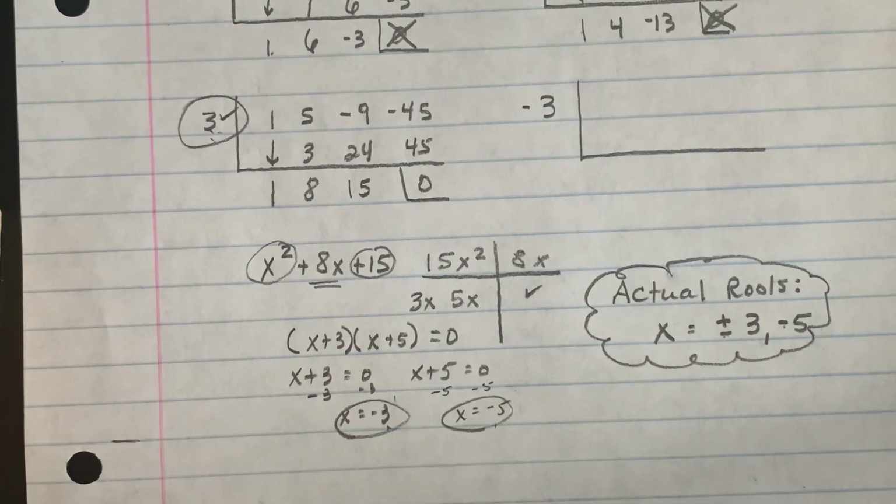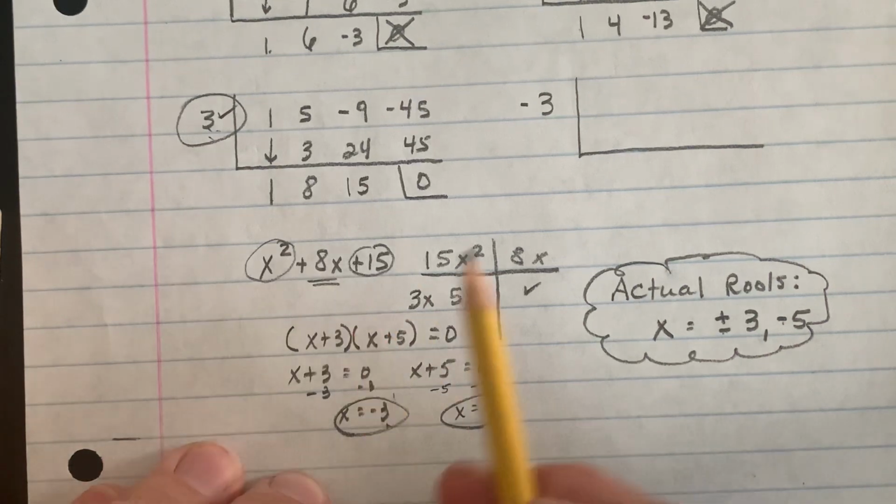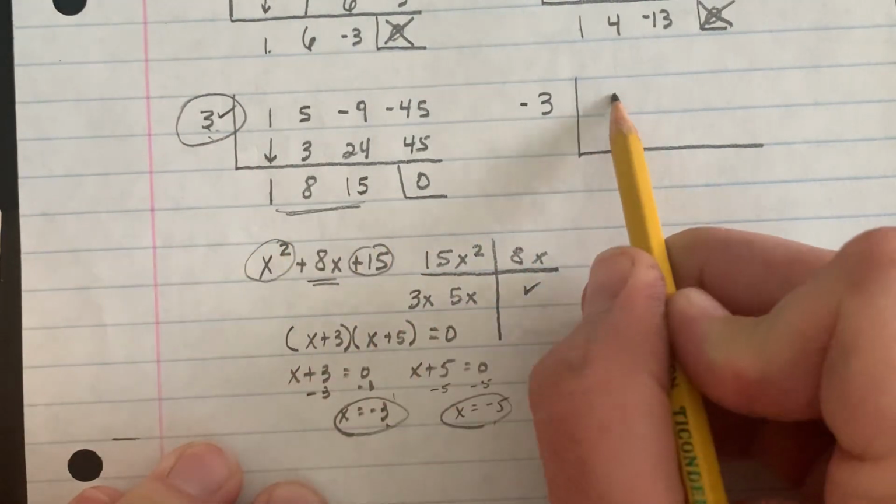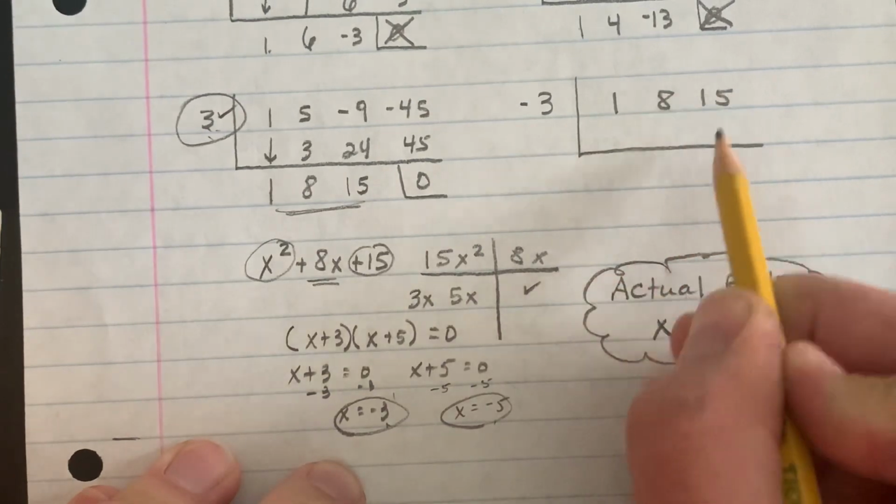All right, so you should have all rational roots today. They should all work out. They should be whole numbers, and you can use a variety of methods. Once you use synthetic division, after that you could do factoring, but you could have also used 1, 8, and 15.